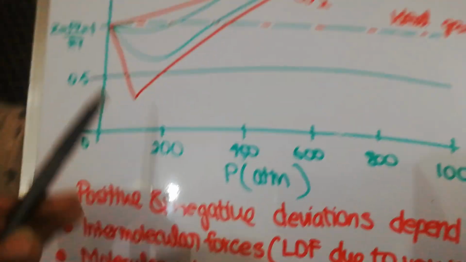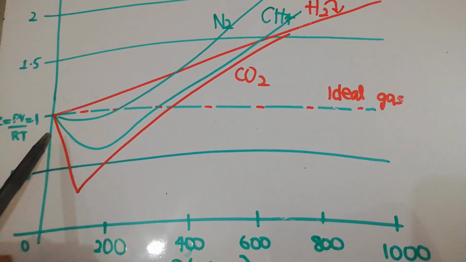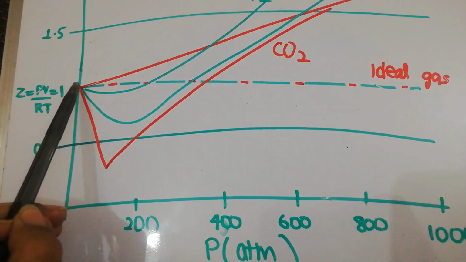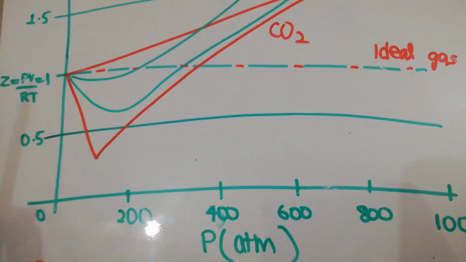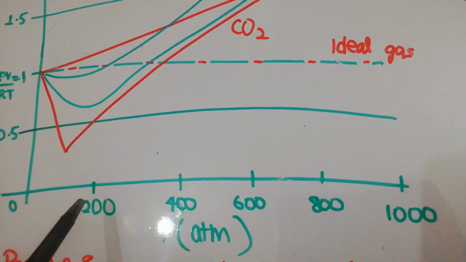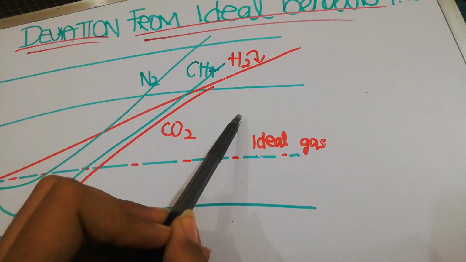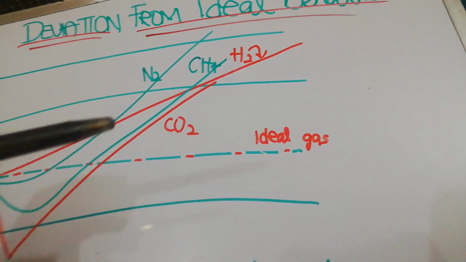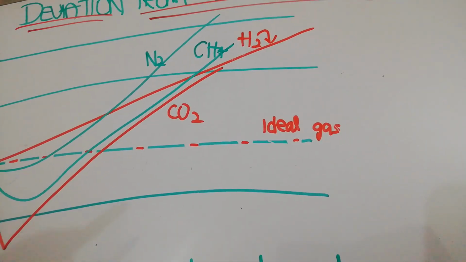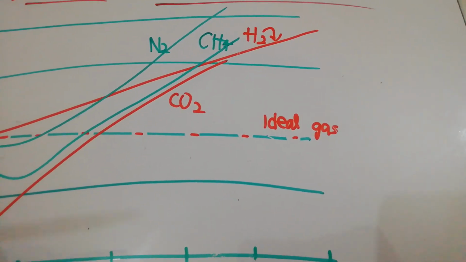So this is why, when we increase the pressure, in the start you can see that hydrogen shows ideal behavior. It has a value of Z equals 1. However, as you increase the pressure, hydrogen's behavior changes. It's not ideal anymore. It shows a positive deviation, meaning it becomes less compressible than usual.